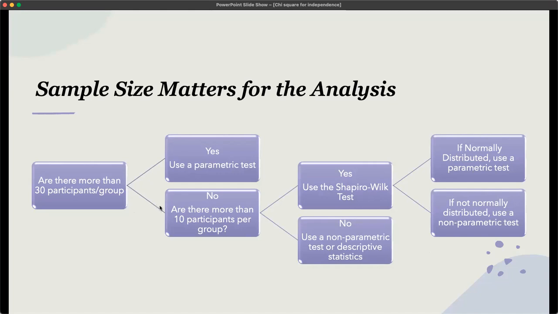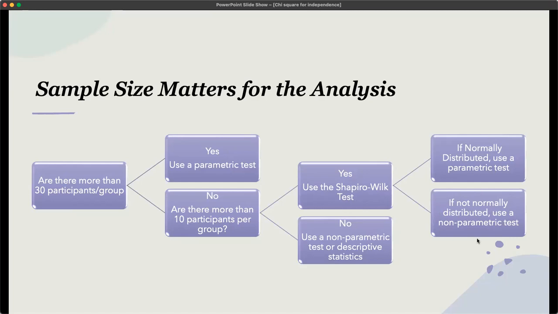If there are less than 30 participants, then if we have more than 10 participants, but less than 30, you're going to then use the Shapiro-Wilk test. See the video on the Shapiro-Wilk test. If the data is normally distributed, then you use a parametric test, but if the data is not normally distributed, this is where you're going to use the chi-square.